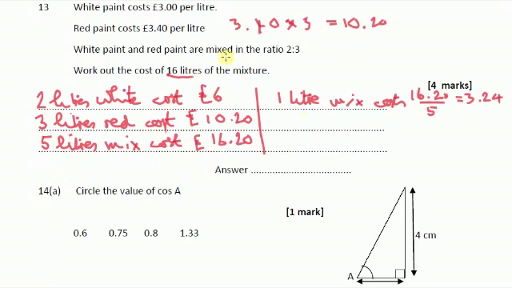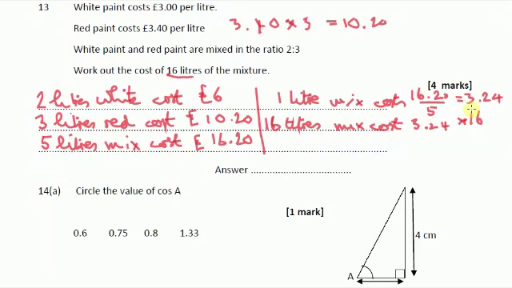And then it says work out the cost of 16 litres. So 16 litres will cost how much? Be £3.24 times 16.